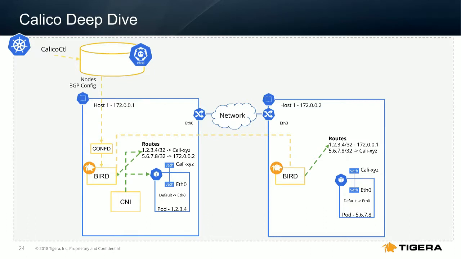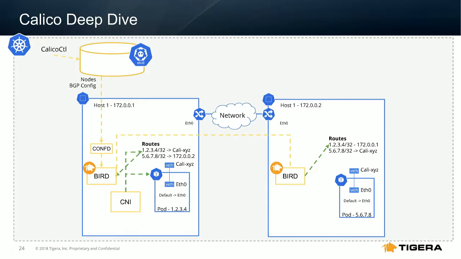So the first thing that we really pull out of etcd, or out of the key store, via confd is all the nodes and all the BGP configuration. So Bird is going to learn about every other node in the cluster from etcd. Confd is a small open source project that basically watches etcd and can dynamically update the configuration in Bird, right?